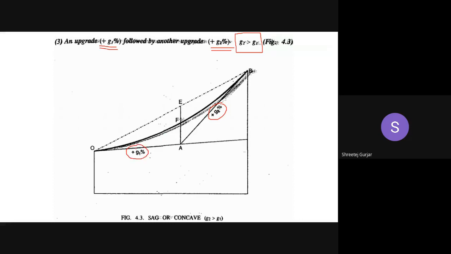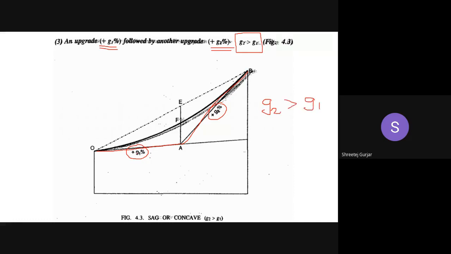You can see the first gradient, G1, is positive. It is an upward gradient, but it does not have much slope. The second gradient is also upward, but it is a steep slope. So the condition is G2 is greater than G1.